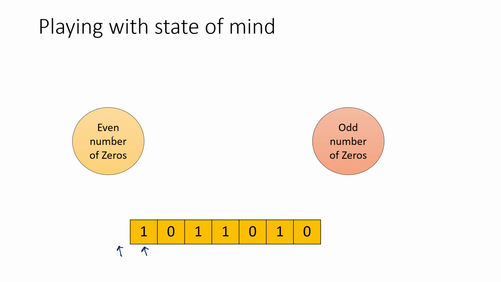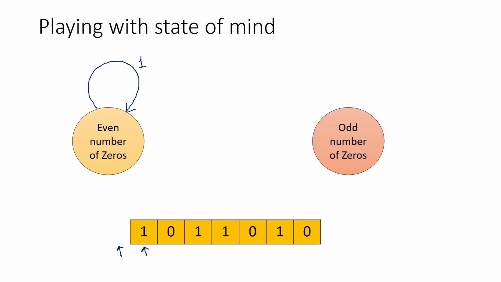We can express it with a circular arc on this state, something like this. It means if you are in this state and you encounter a 1, your state of mind remains in this state.